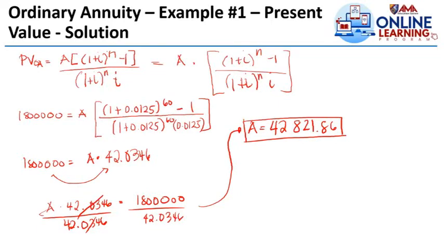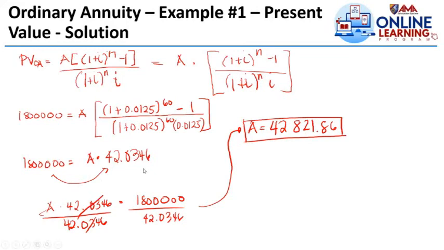So, sinubstitute lang lahat-lahat. Then, the value of this, itong 1 plus 0.0125 raised to 60 minus 1 all over 1 plus 0.0125 raised to 60 times 0.0125 is 42.0346.